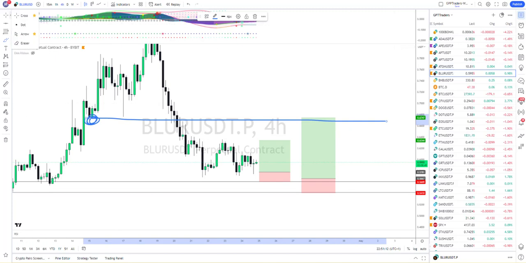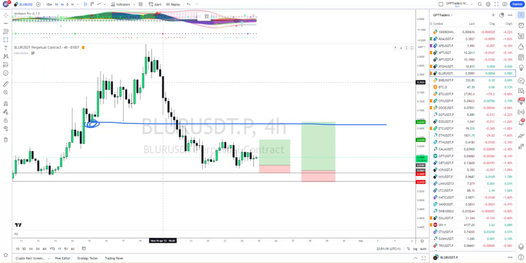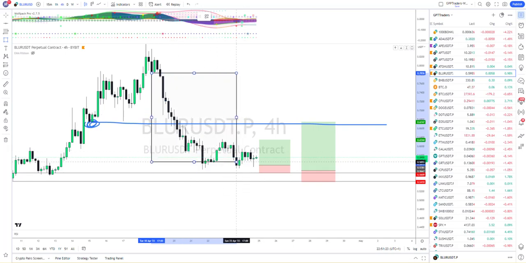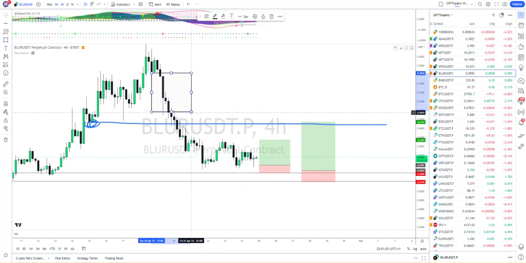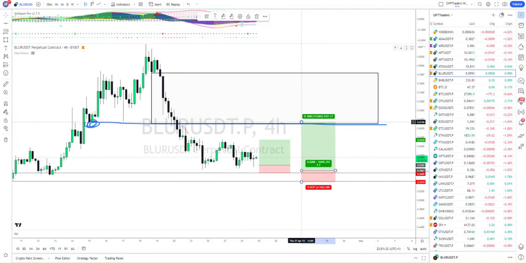However, having said that, there's a whole pool of liquidity or imbalance that price needs to recapture. Let's say from here, all of this area price needs to come back up to.